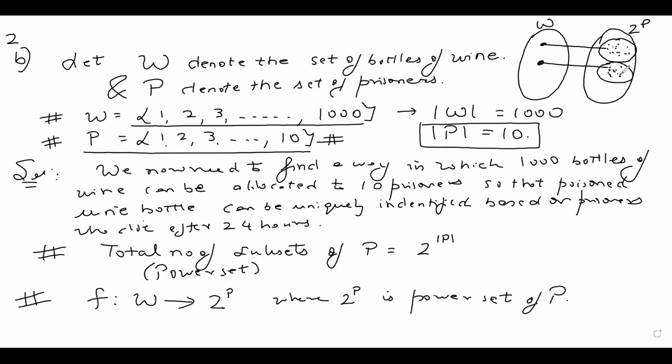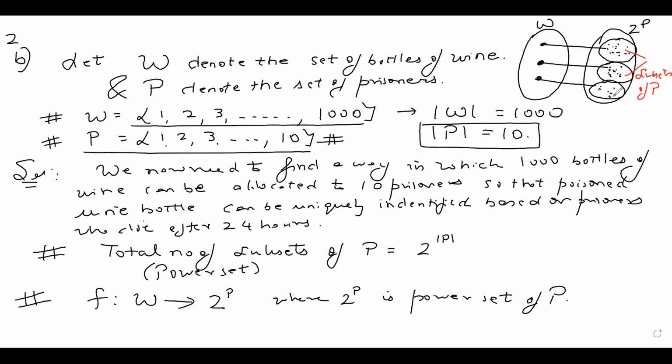This group is nothing but the subsets of P. Similarly, I can have more. How many bottles do we have? 1000 bottles. So every bottle is going to go to a subset, and repetition is possible.